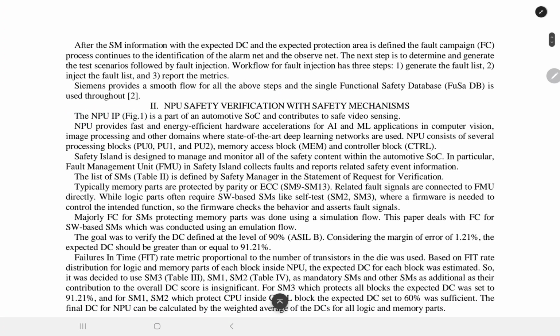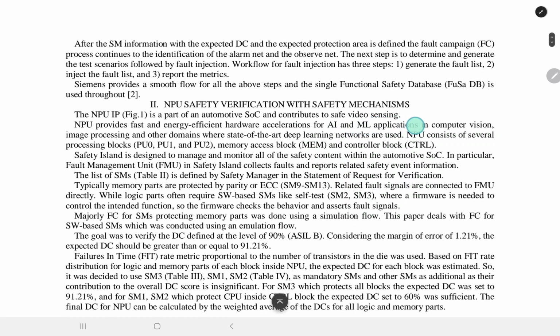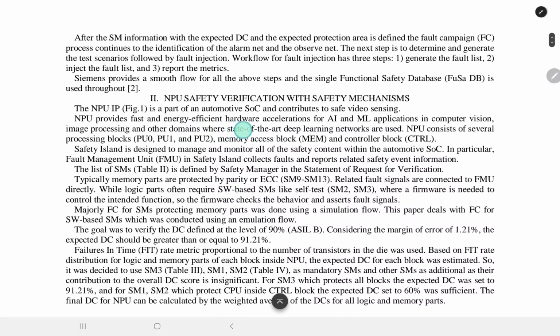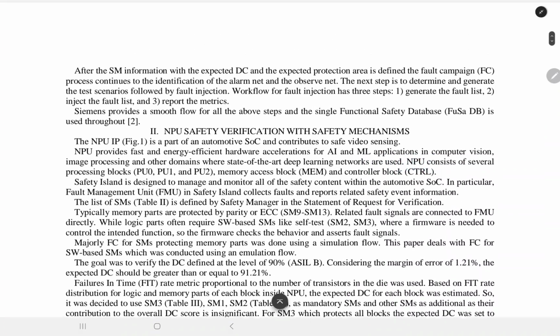The NPU IP, Figure 1, is part of the automotive SoC contributing to safe video sensing. The NPU provides fast and energy efficient hardware acceleration for AI and ML applications in computer vision, image processing, and other domains where state-of-the-art deep learning networks are used.